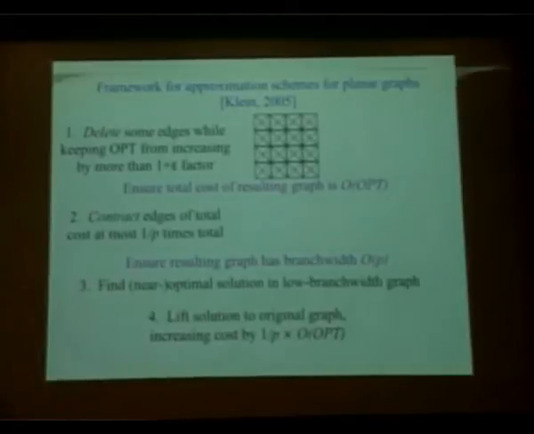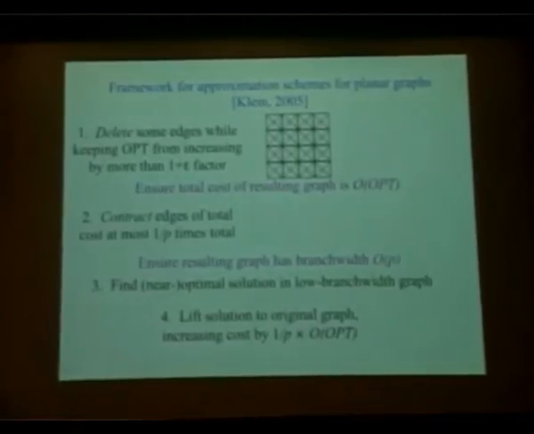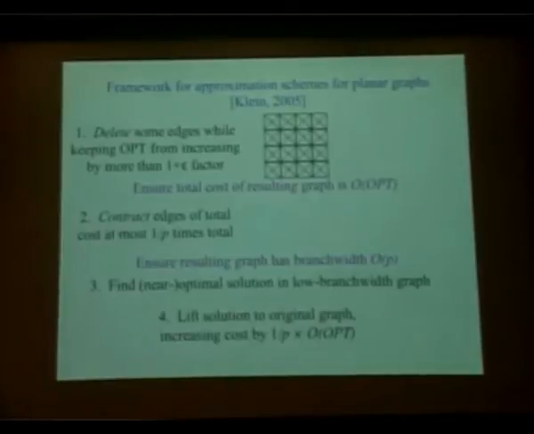So let me explain where we're going now. The steps in our methodology now are: we first do some contractions, and that gets the graph to have low weight. Then we find these partitions, and based on each partition, we do some deletions. That is, we choose the best partition, and we delete the edges.